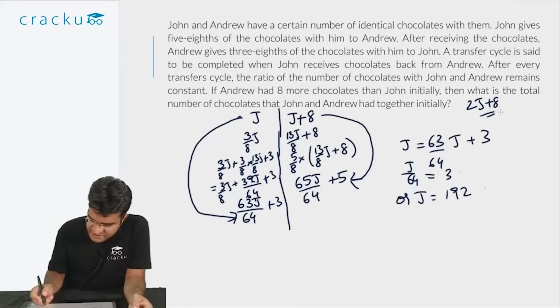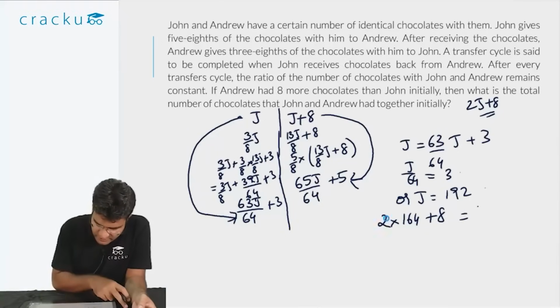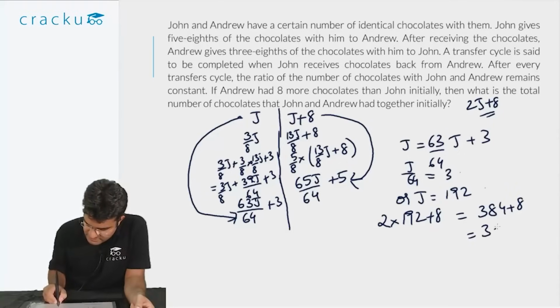Now what we should find is 2j plus 8, that is 2 into 192 plus 8. This is equal to 384 plus 8, which is equal to 392. So this is the final answer.